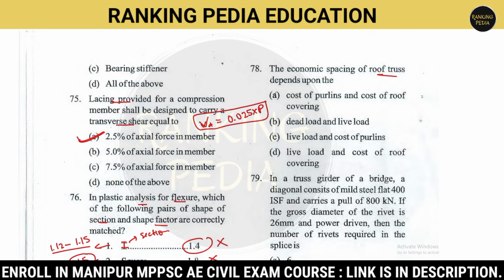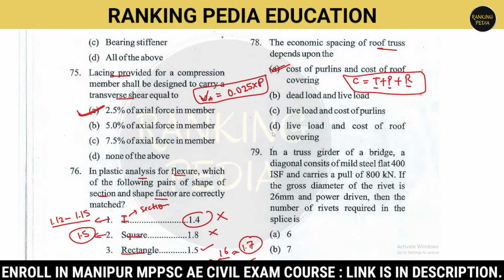The economic spacing of roof truss depends upon cost of purlins and cost of roof covering, which is T is equal to P plus R. Here T is the cost of truss, P is the cost of purlins, and R denotes the cost of roof covering. You have to keep this in mind. So option A is correct, cost of purlins and cost of roof covering.